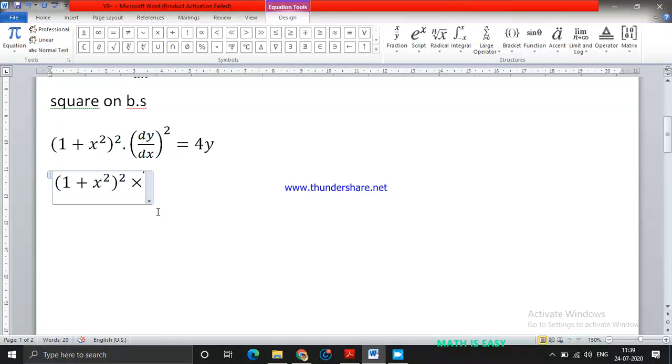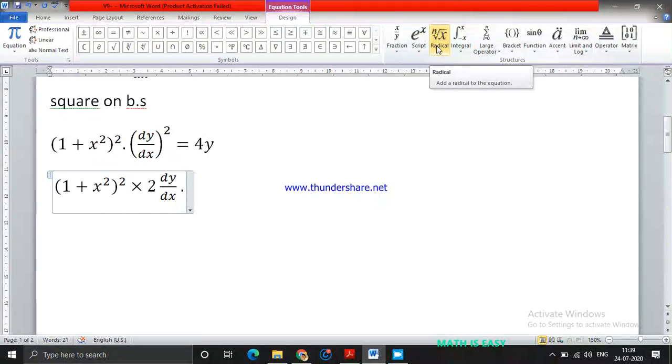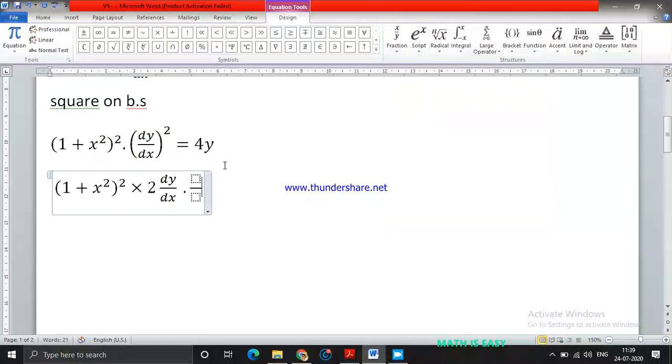Theta square is 2 theta dy by dx into derivative of theta, derivative of dy by dx. So first order, if I do again derivative, I'll get d square y by dx square. So here you will get d square y upon dx square. I hope this step is clear for you.